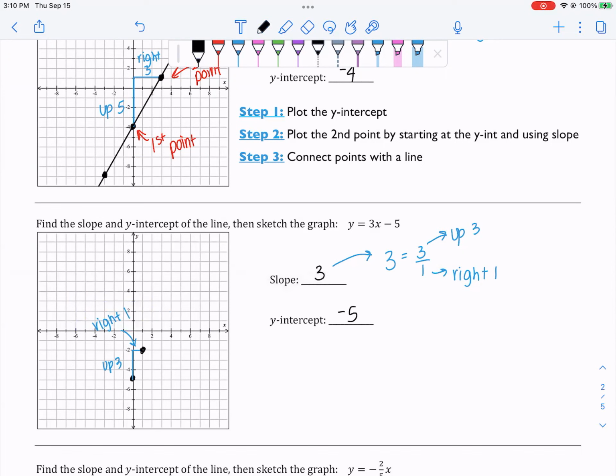I can continue going up 3, right 1, up 3, right 1, up 3, right 1, up 3, right 1. You can continue the pattern in the backwards direction. So starting back down here, down 3, left 1. That's as far as I can go. And then connect the dots. Just like that.